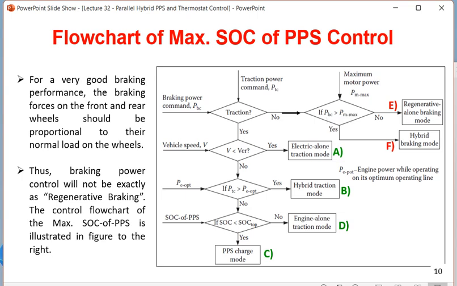If the answer is no, that means electrical braking power is more than the requested braking power, in that case regenerative alone braking mode is sufficient. That was point C, what we have shown in the graph. But if the answer is yes, means braking power requested is far greater than the electrical braking power. In that case we have to bring hybrid braking power into picture, and in that case electric and mechanical both together will be supplying the braking.